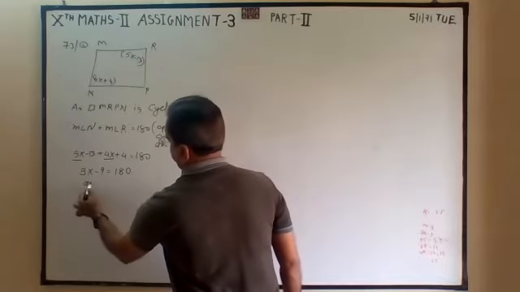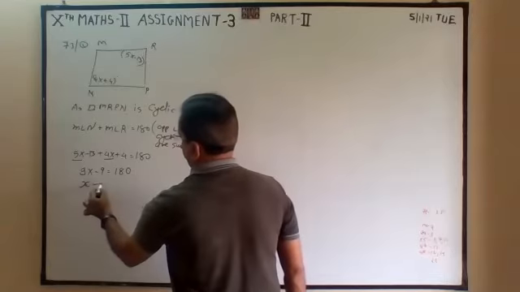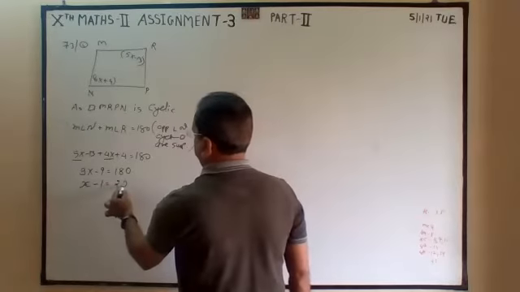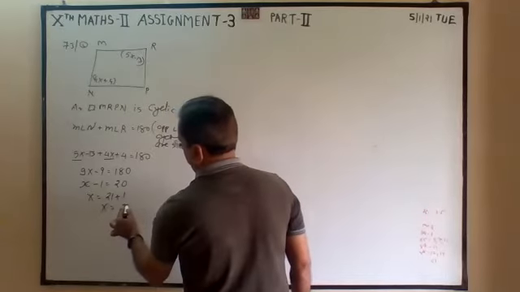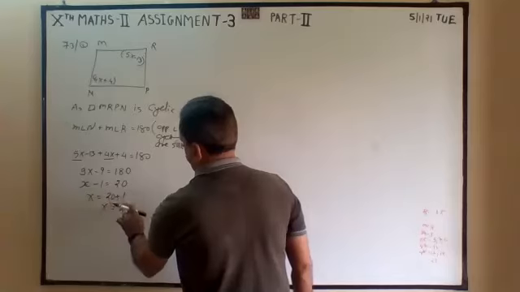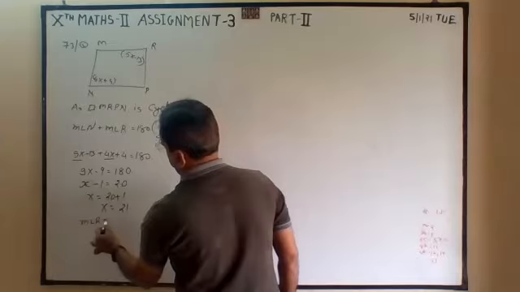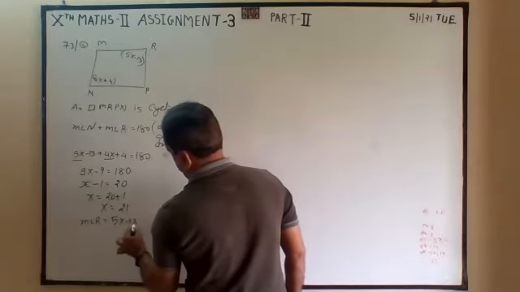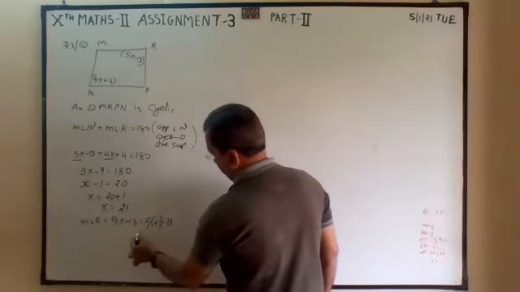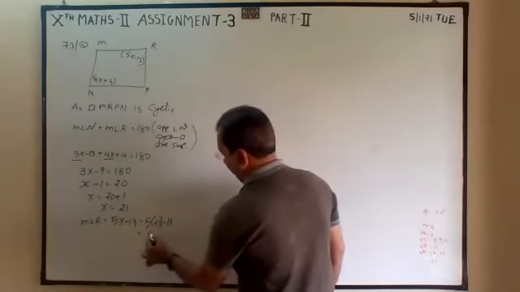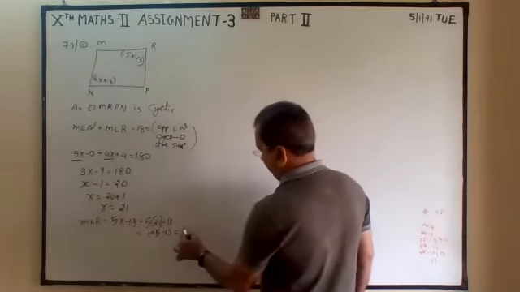This minus 9 comes to this side, then divide by 9. 9 ones are 9x, 9 twos are 18, so x is equal to 20 plus 1, x is equal to 21. Therefore, measure angle R is equal to 5x minus 13, 5 times 21 minus 13, which is 105 minus 13, so 92.